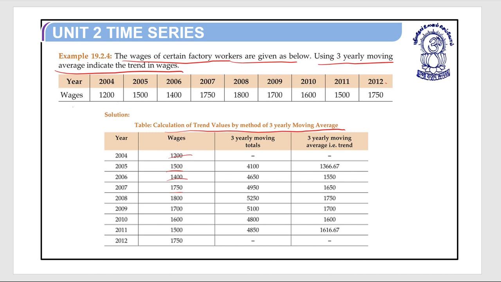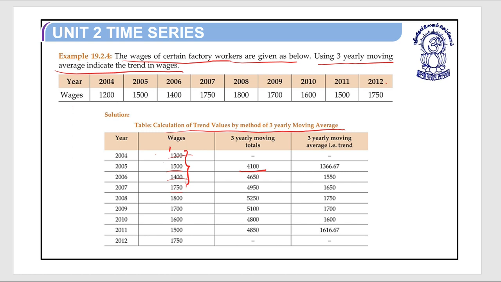3 yearly moving totals. 2004 plus 2005 plus 2006: 1200 plus 1500 plus 1400 is 4100. Next 2005: take 2004 plus 2005 plus 2006.